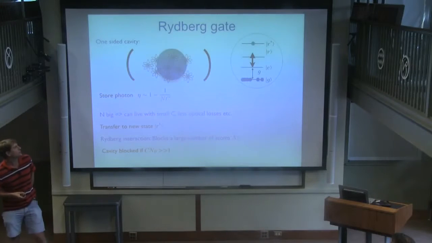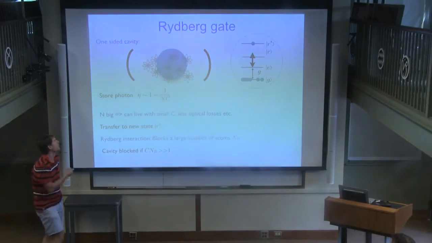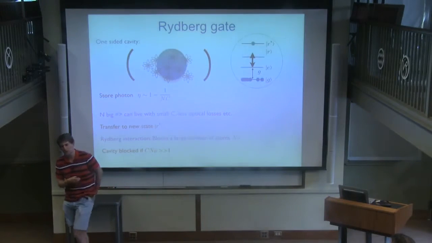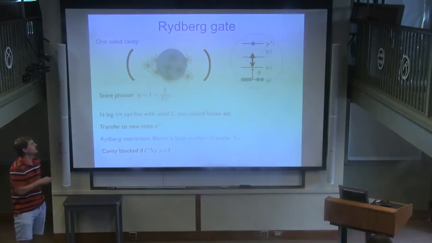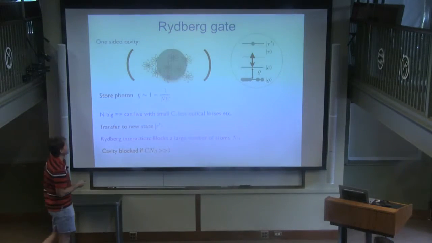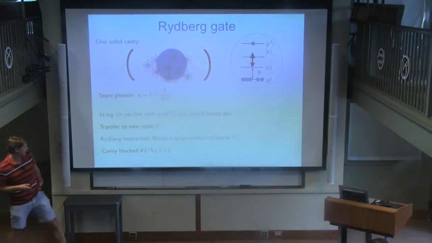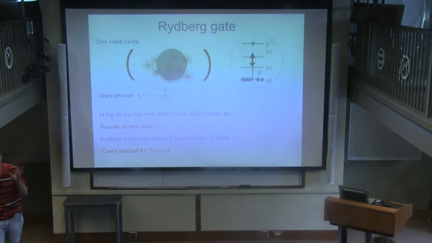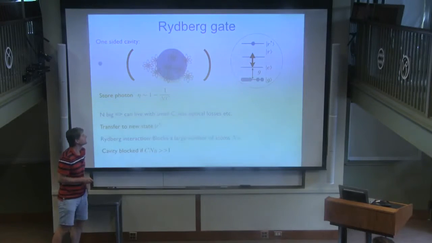So they are a two-level system talking with the cavity, and you solve the scattering dynamics of a photon from a cavity with a two-level system. All the other atoms are under EIT, so they are just transparent. So the only atoms which basically matter are those which are blocked. So the figure of merit is no longer the single atom cooperativity, but this cooperativity times the number of blocked atoms. And if this is much larger than 1, I'm basically in a regime where I can do what I want. All right.